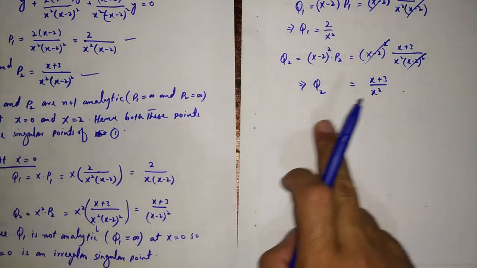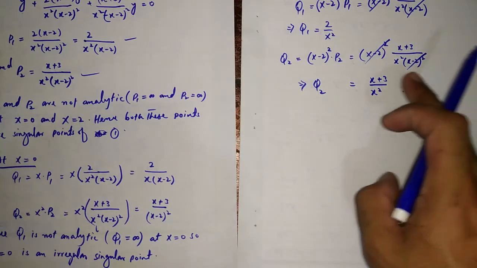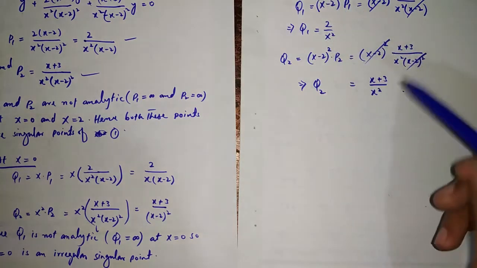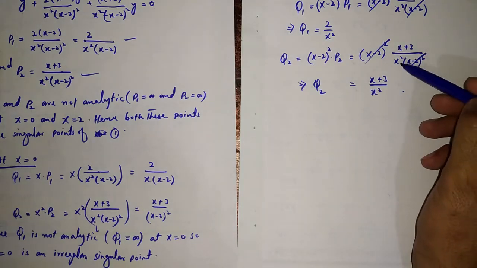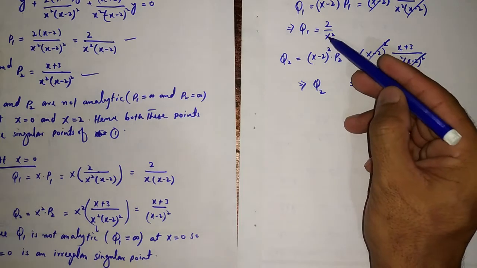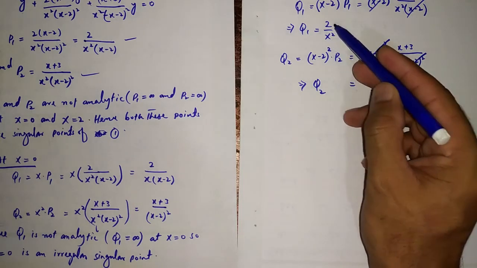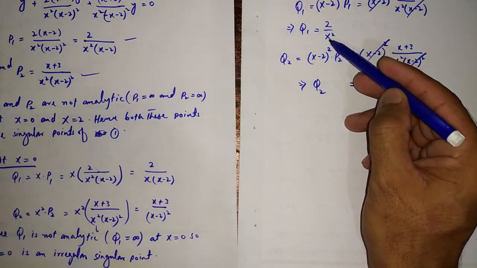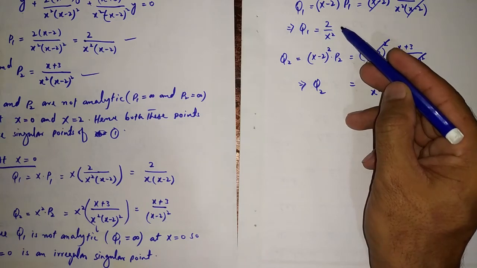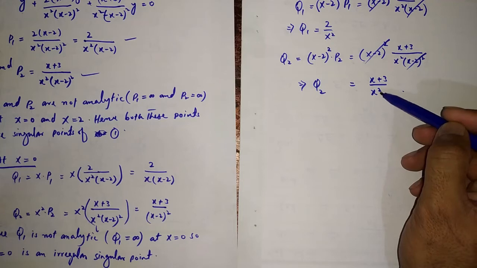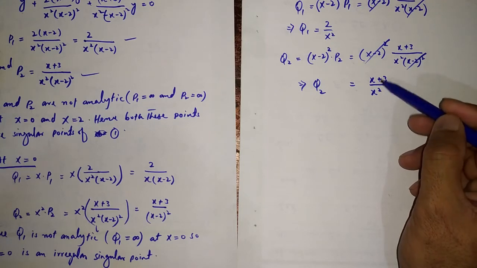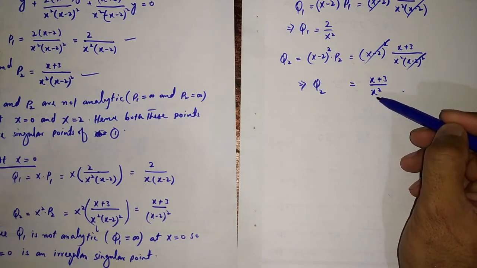So now at x equals 2, when x is substituted here, this will be 2 upon 4, which is equal to 1 over 2. And for this case, if you substitute x equals 2, this will be 5 upon 4.